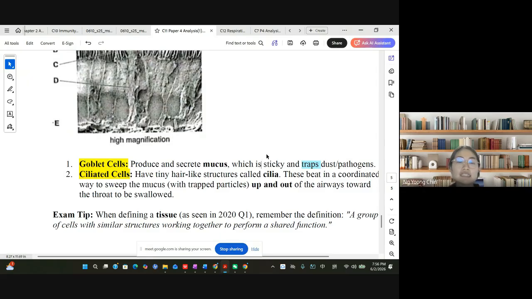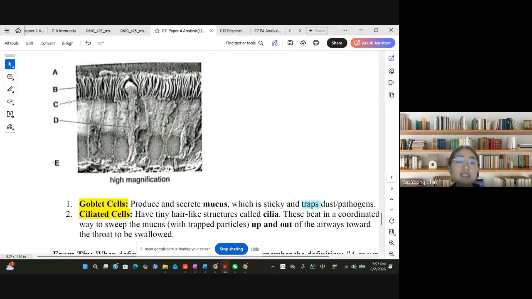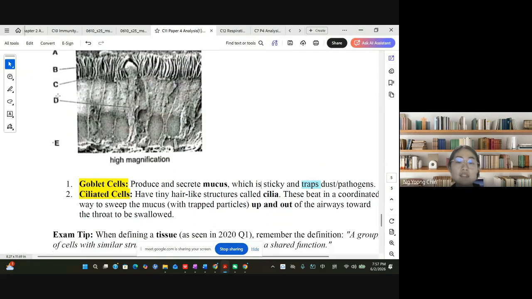And then you have the ciliated cell. This ciliated cell is made from the cilia. Cilia, you know that it's labeled as B. So these are tiny hair-like structures called cilia. And cilia will do what? Remember your cilia is just a single L, not double L. Cilia will do the beating backward, forward, backward, forward.